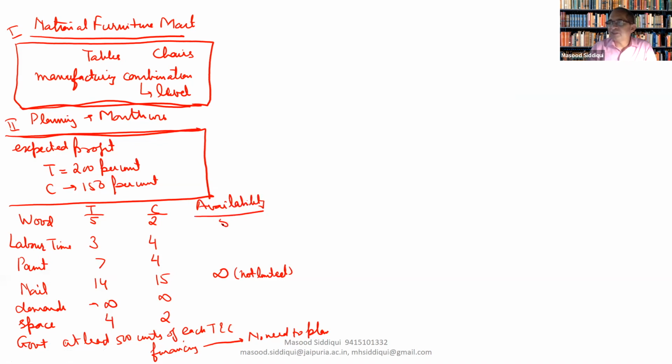So 5,000 units of wood are available per month, and we have to plan for the 1 month period only. And it has 7,000 units of paint, and it has 5,000 units of labor time. And it will be planned on a month to month basis. Now we move to the further part.